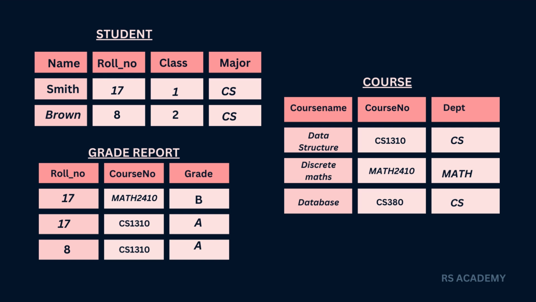Examples of queries would be listing all the students in the CS branch in that university, or listing the grades received by a particular student in each course. And then we saw sharing the database, where this particular database can be shared by many users at the same time in an efficient manner.